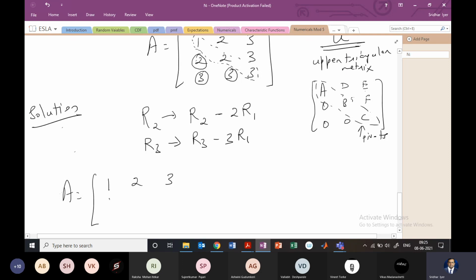So 2 minus 2 will give you 0, 2 minus 4 will give you negative 2, and 3 minus 6 will give you negative 3. Then in the third row, I'm doing R3 minus 3R1. So 3 minus 3 will give you 0, 3 minus 6 will give you negative 3, and 3 minus 9 will give you negative 6, right?